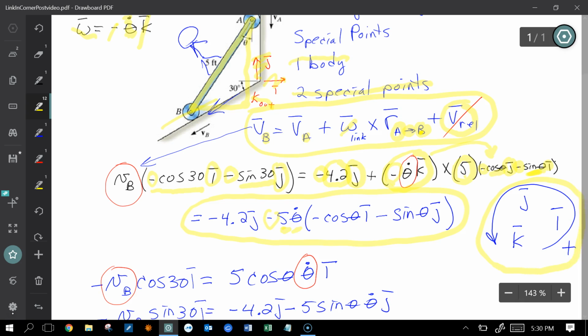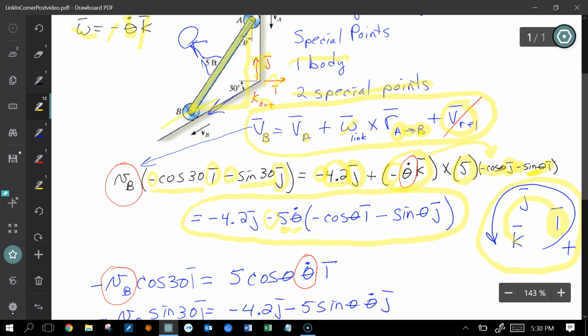So you might want to make a copy of that. And the way I use it is I put my pen on the first vector and I move towards the second vector, ending up on the third vector. So for example, I want K cross J. So I start on K, I move to J, and I skip it and land on the answer of I. So K cross J is I.